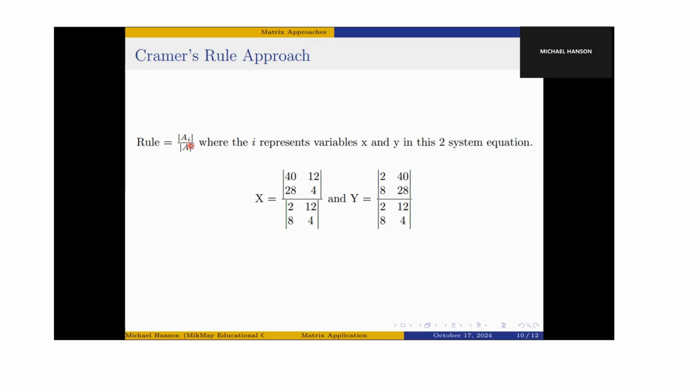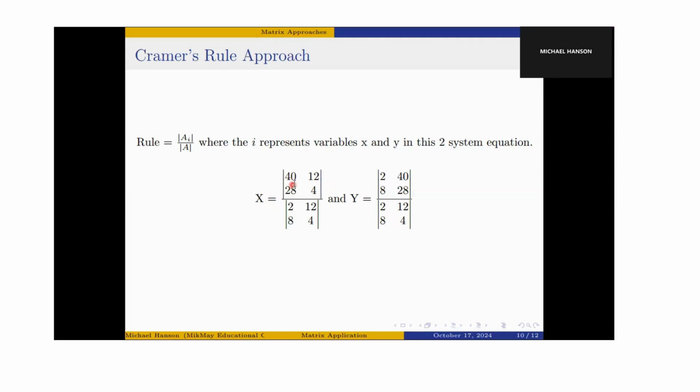So in this example, we have variables X and Y in our 2 systems. So it means that variable X is equal to the determinant of matrix A, but replacing the first column of the original matrix with the constant matrix.